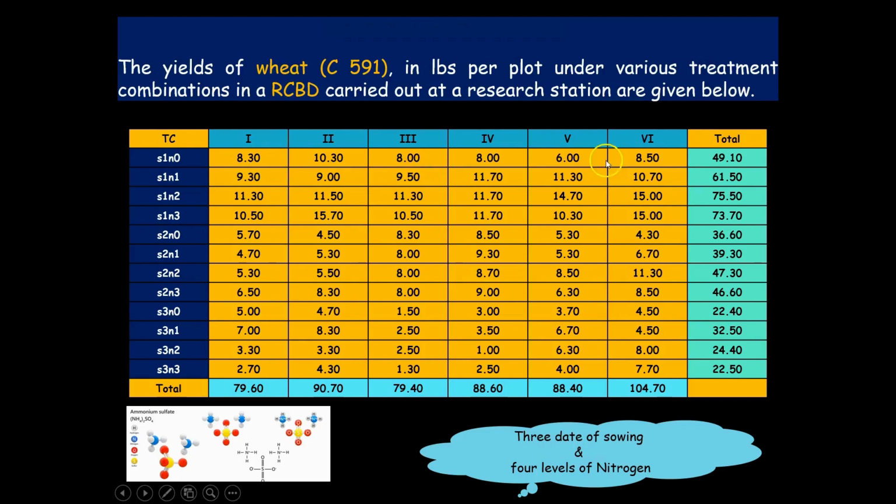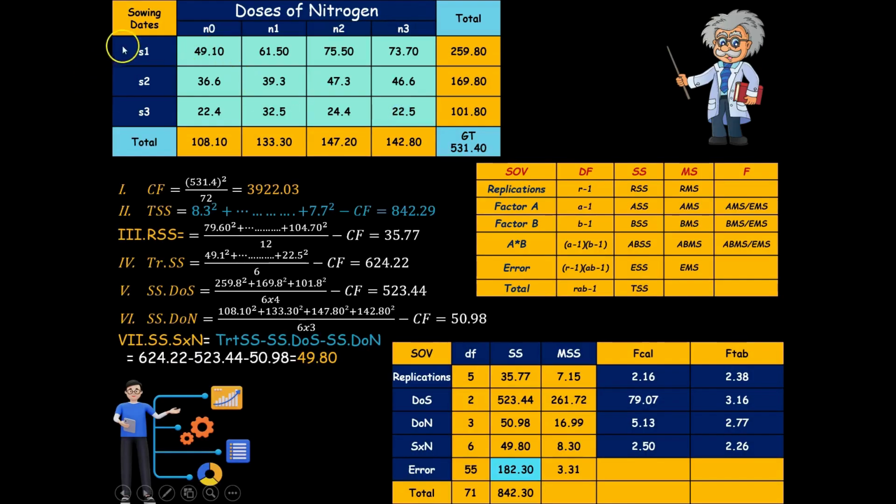For that we need a two-way table of the totals of these 12 treatment combinations, which depends upon the number of levels involved in both the factors. Say, for example, we have 3 different dates of sowing and 4 different doses of nitrogen. So we'll arrange these totals in this way and get the column totals as well as the row totals, and finally we'll get the grand total here.